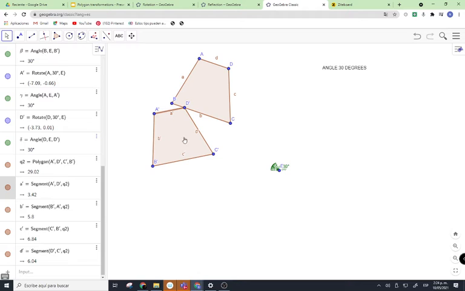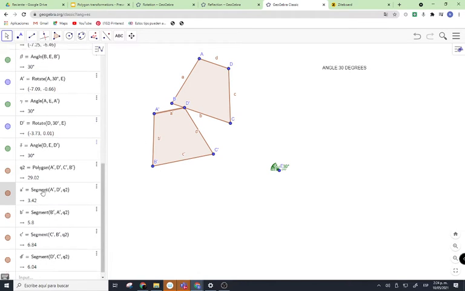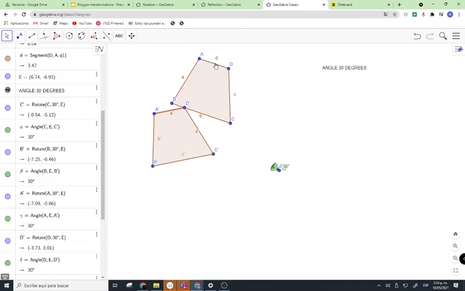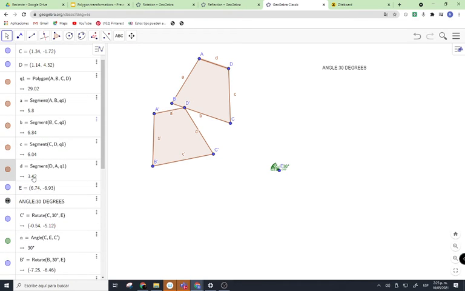That the segment A prime, which is this one, measures 3,42 units, and the segment, this one, which is the corresponding one, measures also 3,42, and all of the elements of the polygon are going to be there. Now, what is good here?